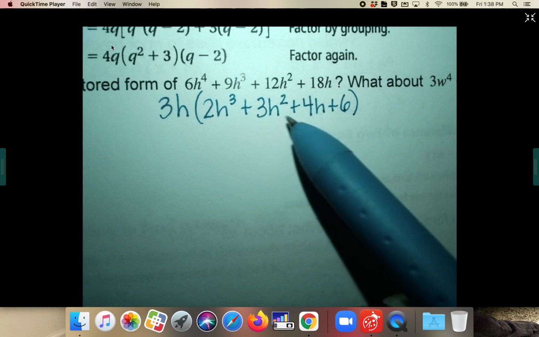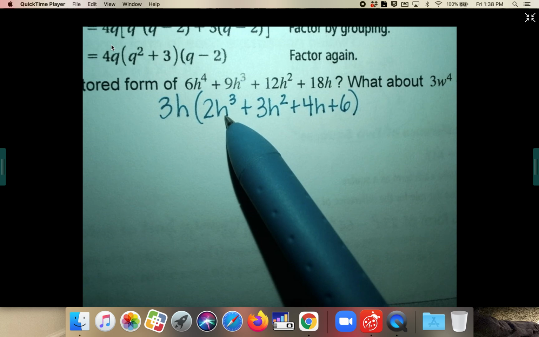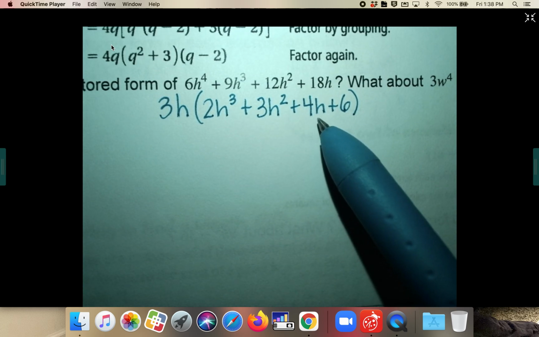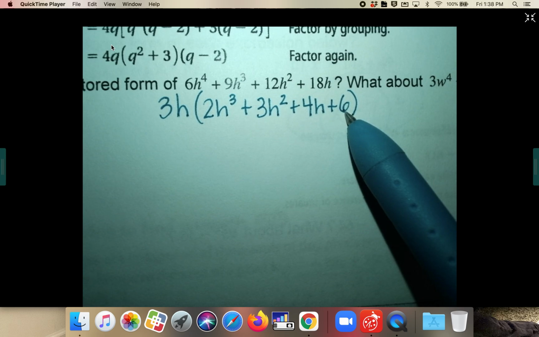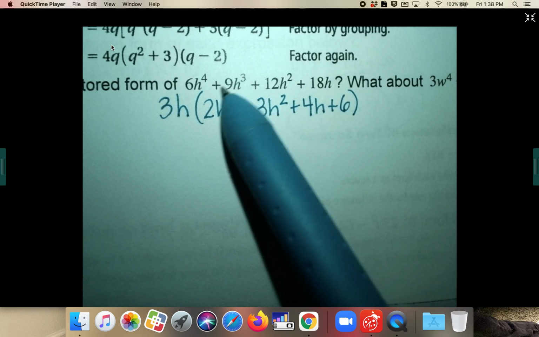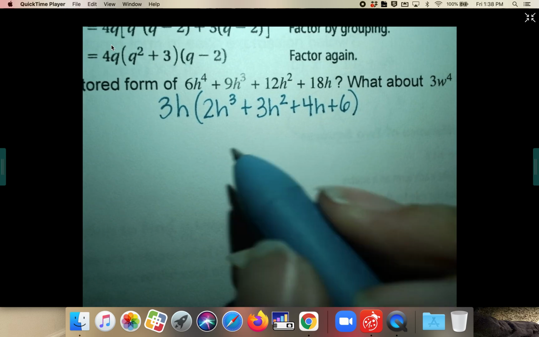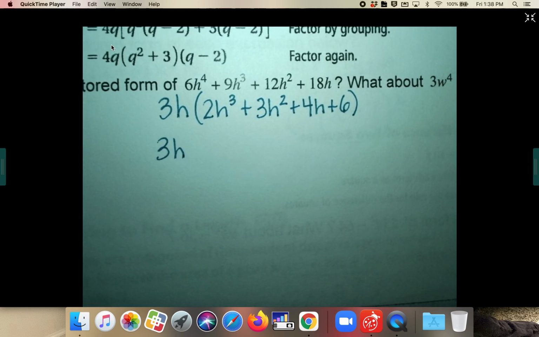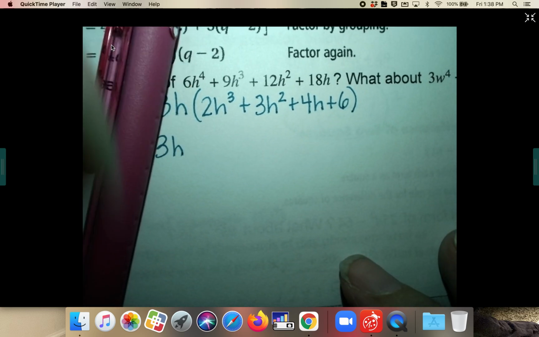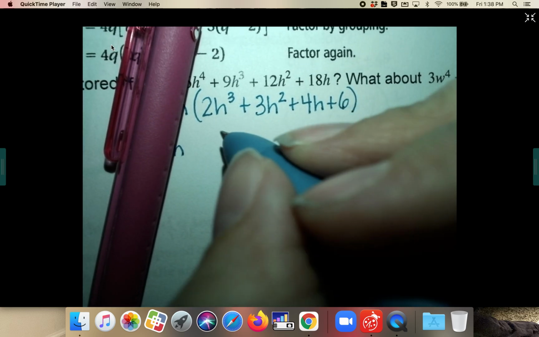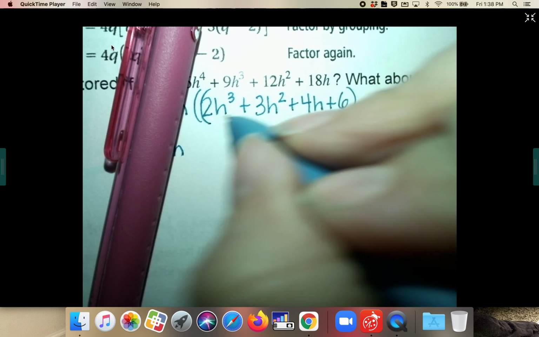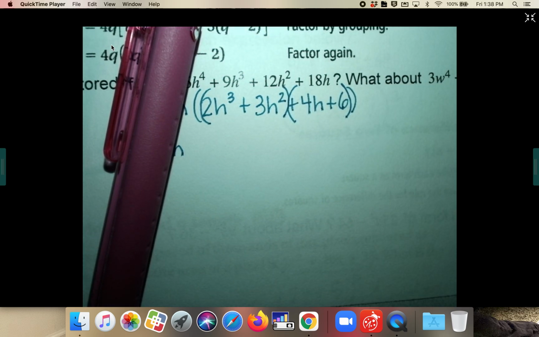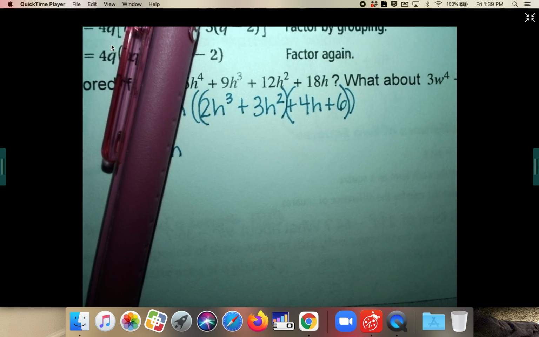Now, you're still not done because we still have some like terms in these 2 and some like terms in these 2. So I'm going to group my 4 terms into just 2 sets of terms. I'm not going to forget about the 3h. It still needs to be part of my answer. I'm just not going to do anything with it for right now. So I am going to group these and these, and now factor out the greatest common factor.